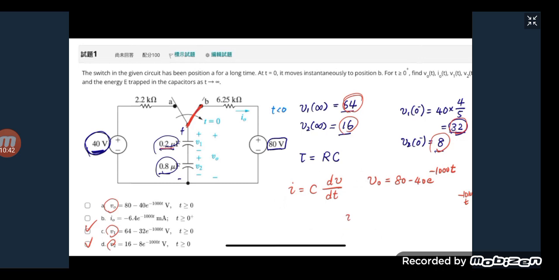So I is, and we said that the overall capacitance times 40, with the minus sign. So again, this solution, this item is correct. Any questions?